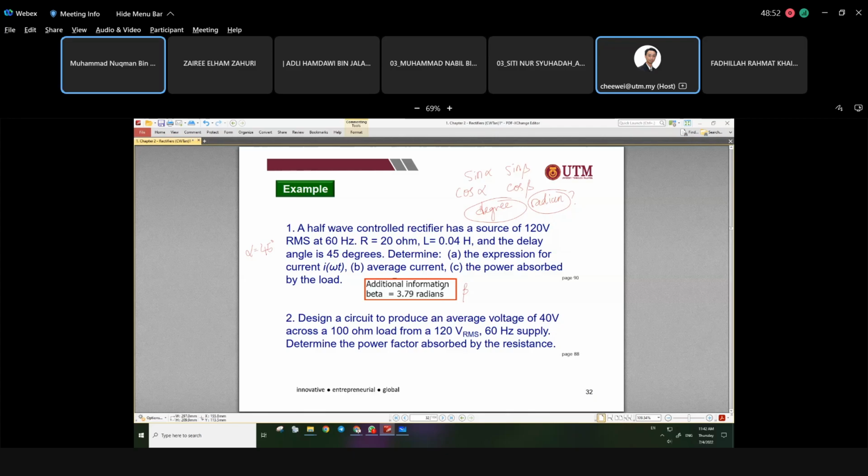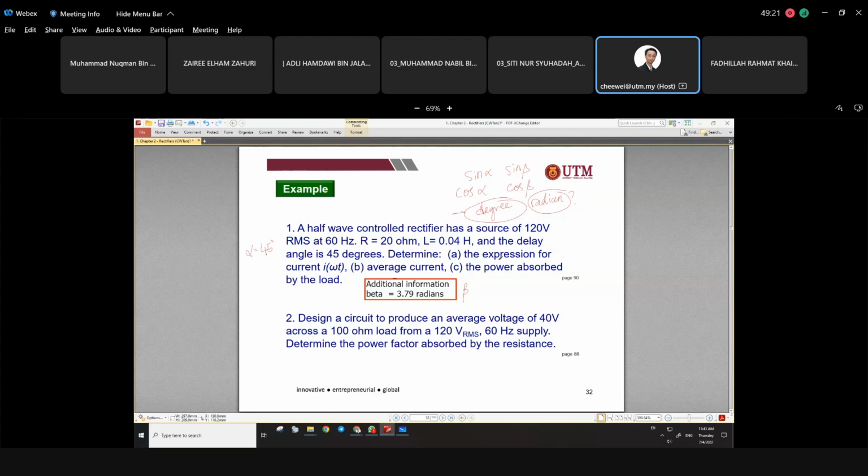Need to change it. Okay, which one should we change? Beta. It's up to you, yeah? Now, remember, you are the boss. If you want to take it as degree, you make sure that your calculator is in the degree mode. You are the boss to change. If your calculator is in degree mode and you key in the radian number, that is your problem. Okay, that is out of my control.